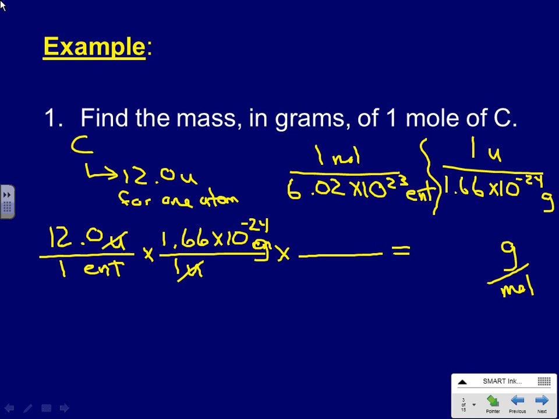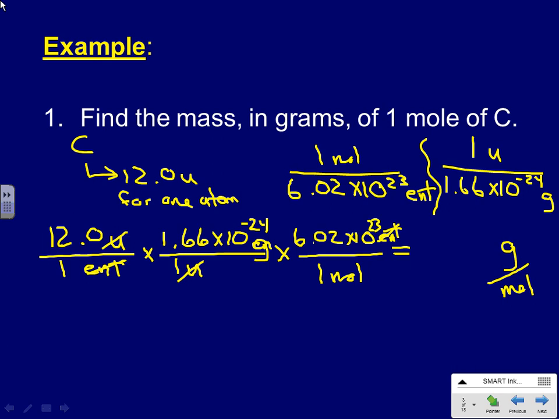I got to put it on the top in this case. This is the first time we've had to kind of flip it around. That's okay. It's a little different. I'm not going to make you do this every time, but 6.02 times 10 to the 23 entities with 1 mole. Now my entities are gone.